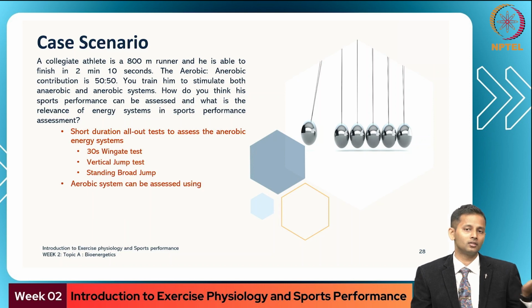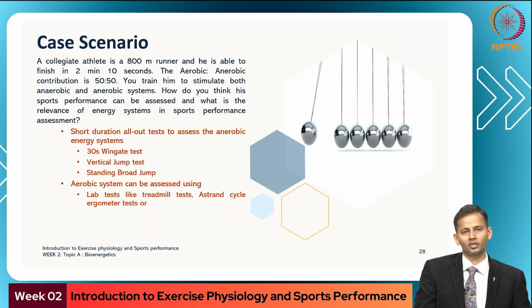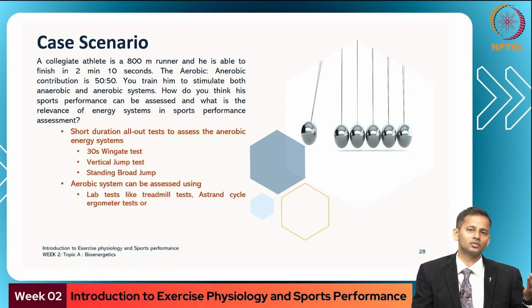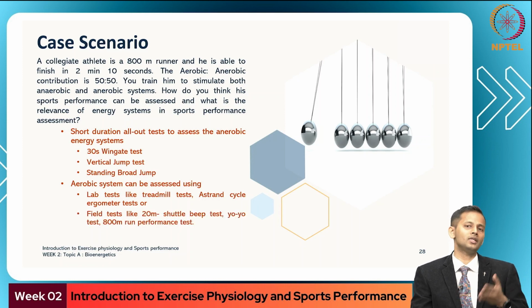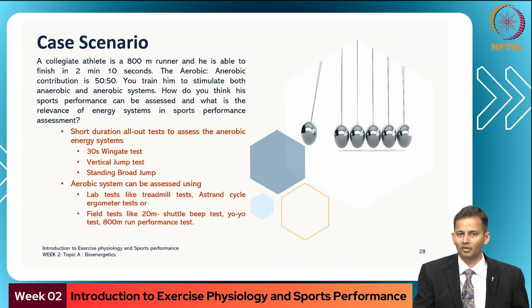The same for the aerobic system: if you want to assess it in a lab, you can use a maximal treadmill test or a sub-maximal cycle ergometer Astrand test. In the field, you can use a very famous test which you would come across in cricket, the yo-yo test, or you can also use something called the beep test, which is universally followed across the world.